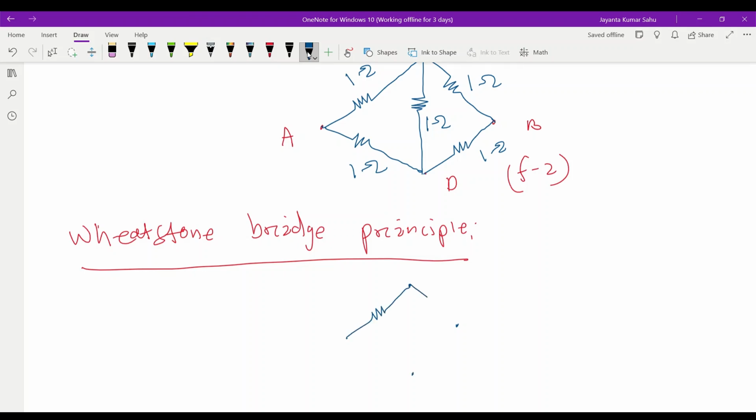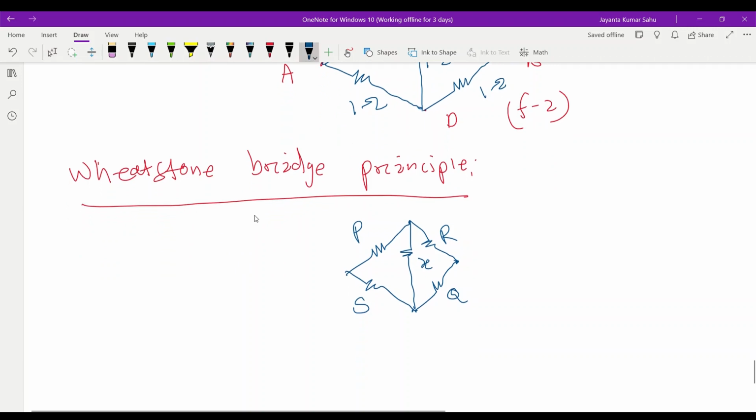We have the bridge. Let this be P, this Q, this R and S, and this is the X resistance. What is the Wheatstone bridge?